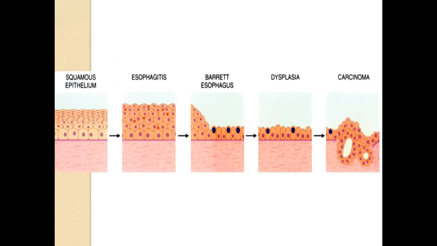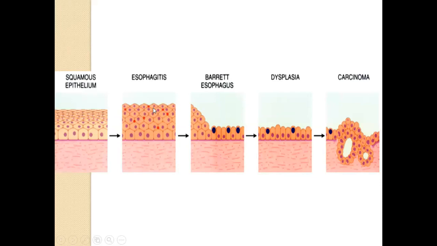So here you can see the progressive development of adenocarcinoma. First, this is the normal squamous epithelium, multiple layers of different types of cells in the stratified squamous epithelium.